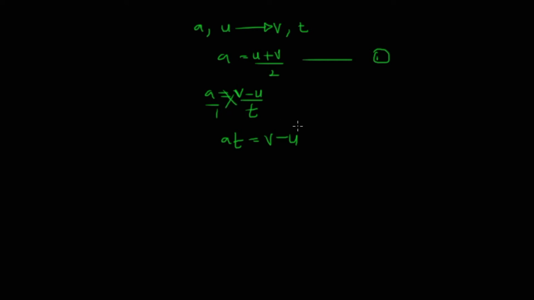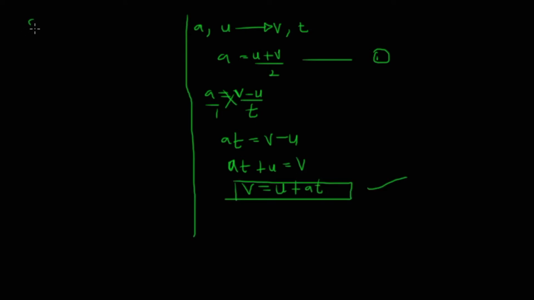If I add u to both sides, then I'll have at plus u equals v, or by taking u to the other side, v is equal to u plus at.